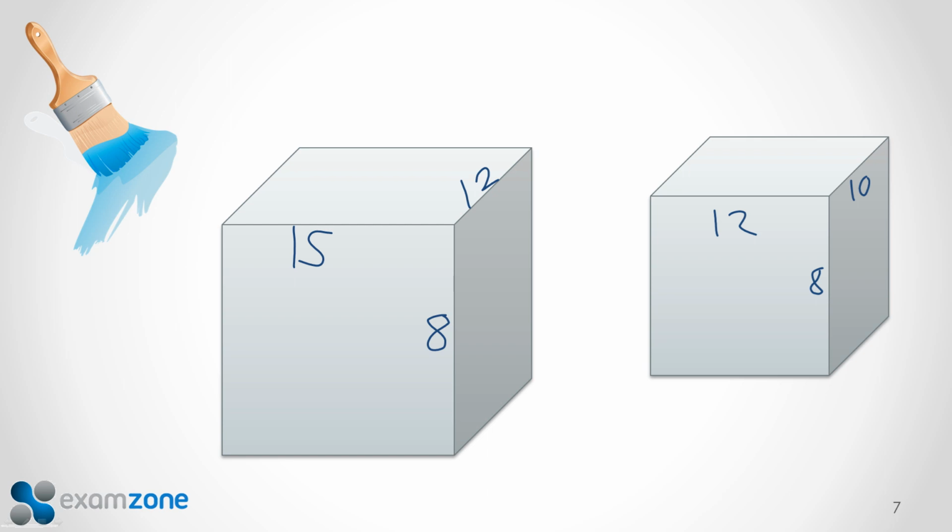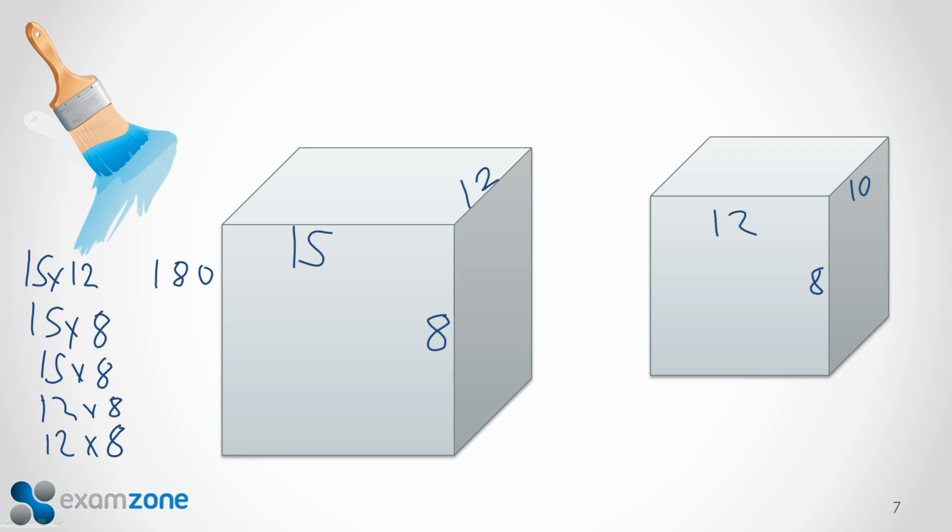Right. So for the ceiling, we have 15 by 12. It's 180. And then we have a 15 by 8. And a 12 by 8, 2 of them for the walls. Over here, the ceiling is 120 feet, 12 by 10.